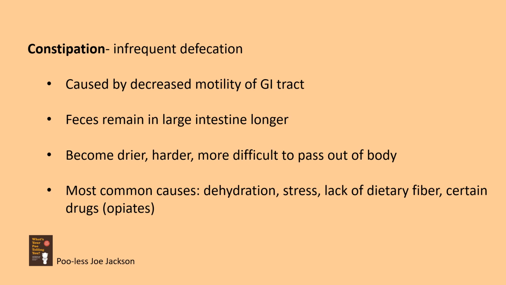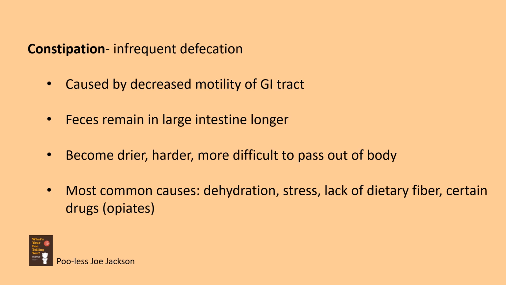And so poor Joe Jackson didn't defecate as often as he should, and he continued to eat, and so the fecal material accumulated in his large intestine and caused the large intestine to distend and stretch as this fecal material accumulated over time, and eventually the large intestine split, it perforated.